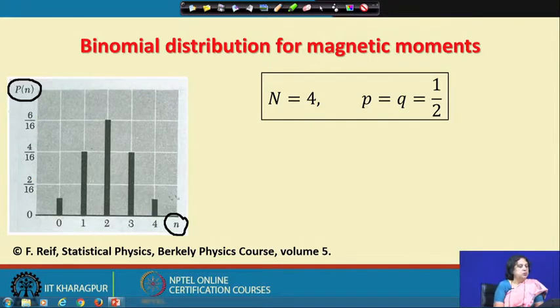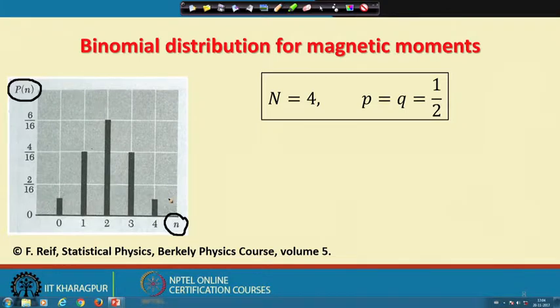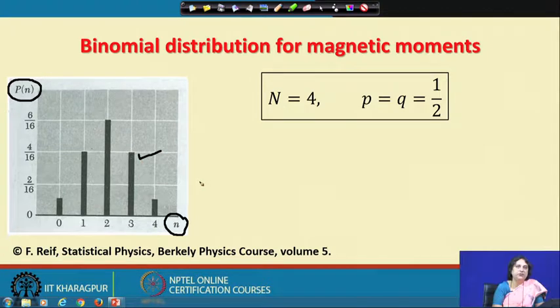So, here what we are plotting is, if I make a very large number of measurements on a system like this, what is the probability that I will see small n equal to 3? I find that that is given by 4 by 16. Similarly, if I ask what is the probability that small n is equal to 2, I will find that the probability is 6 by 16.